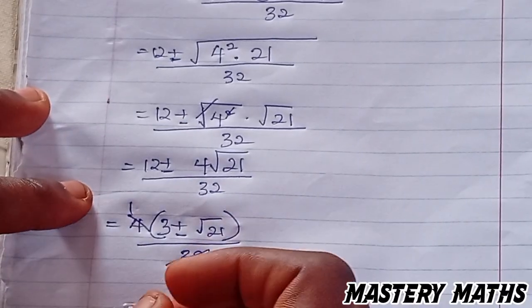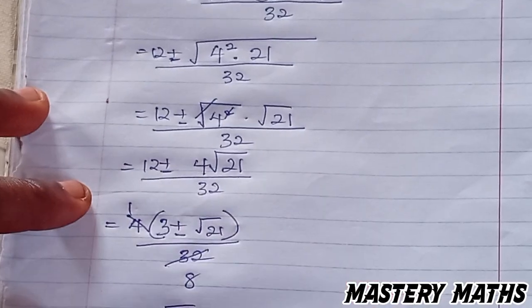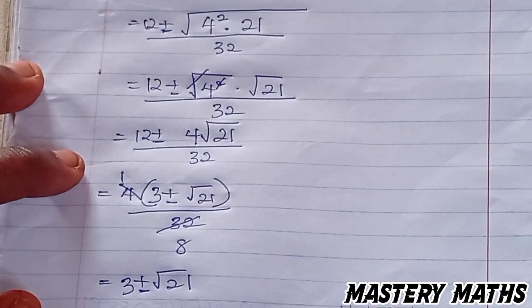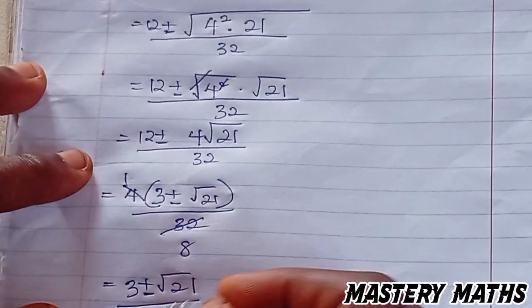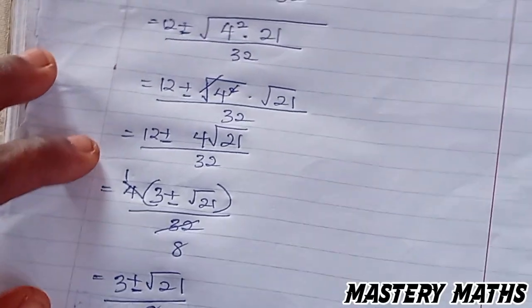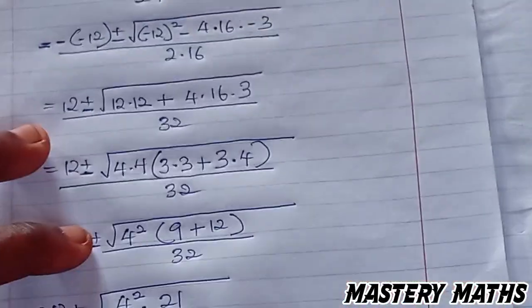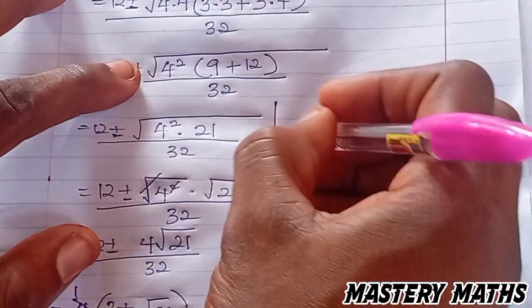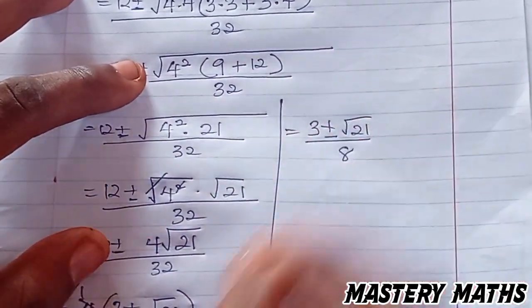So what you have is 3 plus or minus root 21, over 8. Now if I bring it here, it becomes 3 plus or minus root 21 over 8.